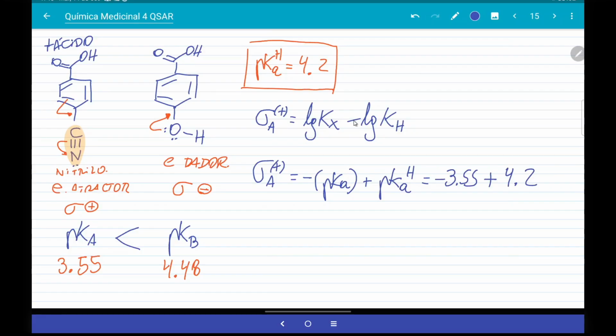And then, because pKa of H is 4.2, it is well then. They are helping me so that we all reach the same value. We have the same value, with decimals and everything, 0.65. We agree then, that is the first value, 0.65.